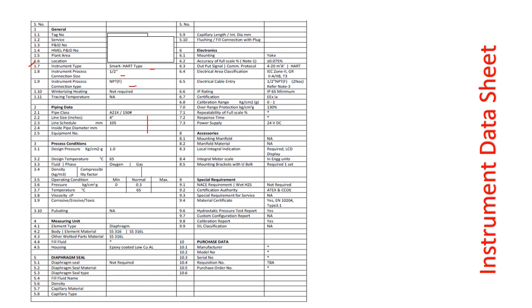There are piping data, process conditions, measuring units, whether it is diaphragm seal or not, and then what electronics are used, what is the electrical area classification, what is the cable entry, what accessories are used, what are the special requirements, whether certification is required or not, whether ATEX certification is required or not. All these things are covered here.